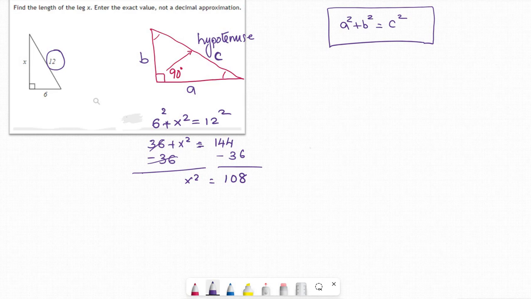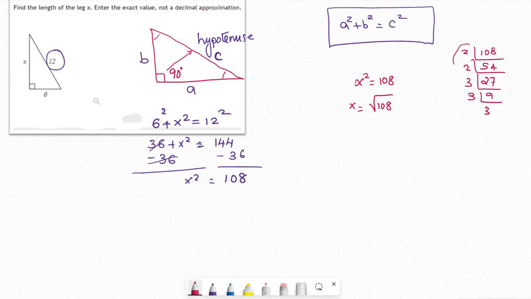So x square is equal to 108, and we have to find x, which is equal to the square root of 108, because it is the square. So 108 divided by 2 is 54, again by 2 it is 27, then 3, 9, 3, 3.